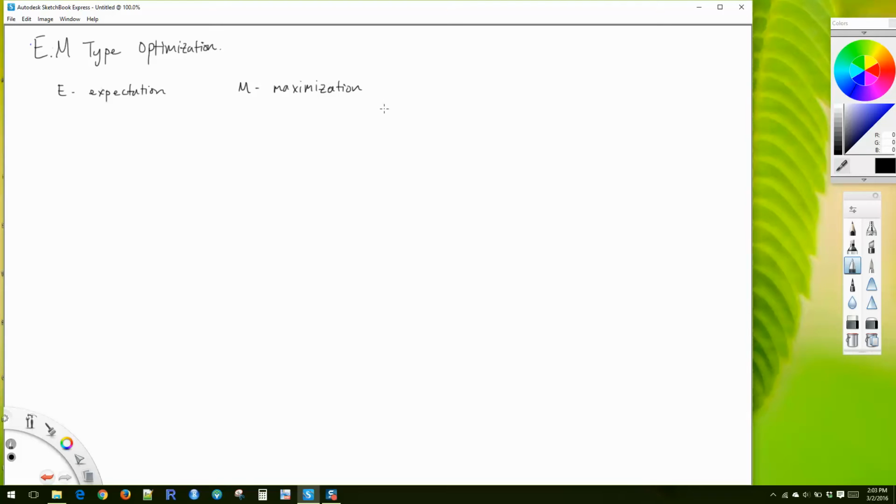Basically, this can be applied in different situations, and it's an iterative process where you're maximizing, with two maximizing steps that you're iterating between.